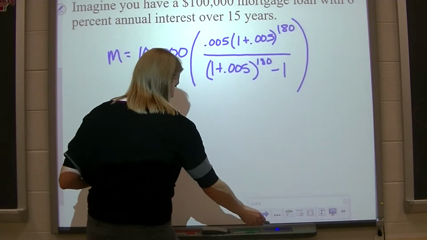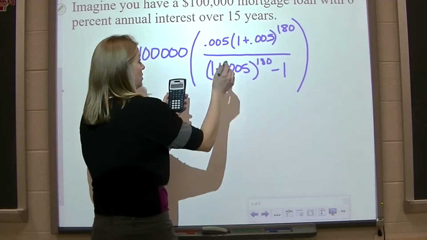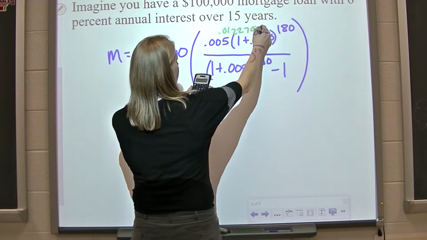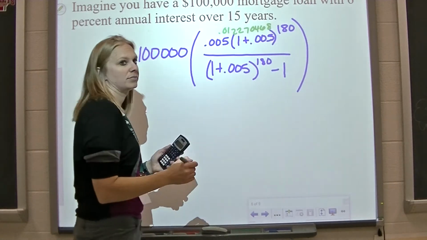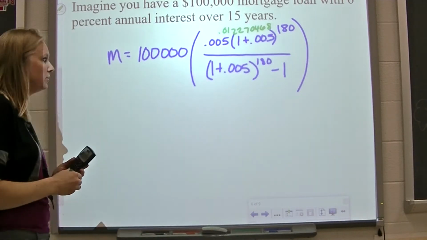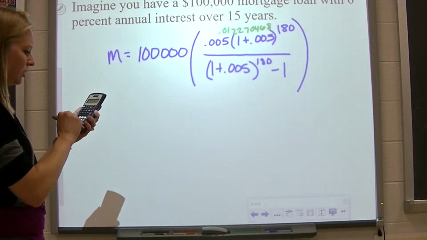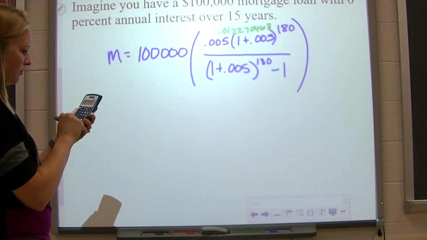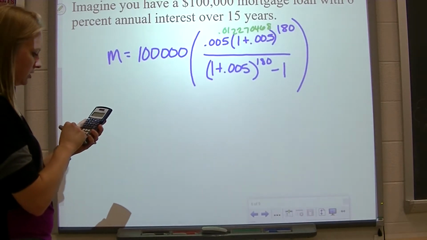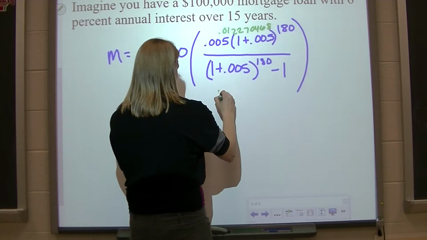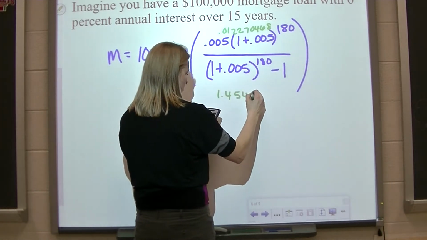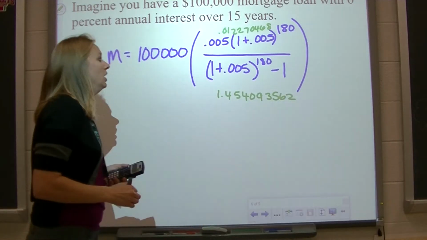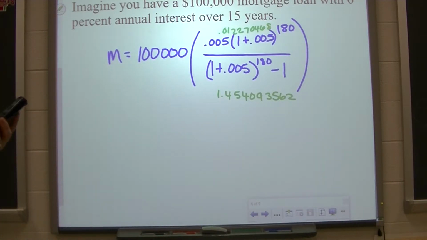And I'm not going to round, but my numerator simplifies to 0.0122270468. Then let's simplify the denominator: 1 plus 0.005 to the power of 180 minus 1. And that's 1.454093562.